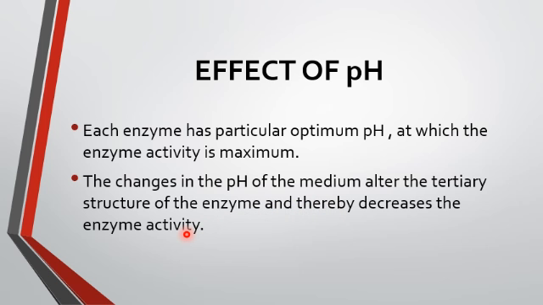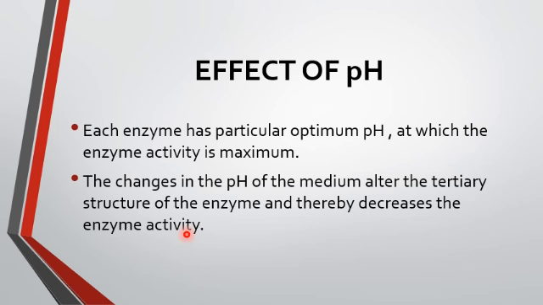Again, I will give you one example. We have the enzyme pepsin. It is very active in the acidic medium, that is pH should be 2. Similarly, the enzyme pancreatic amylase is active at pH 8.1, that is in the alkaline. If you alter the pH, the action is going to be stopped.